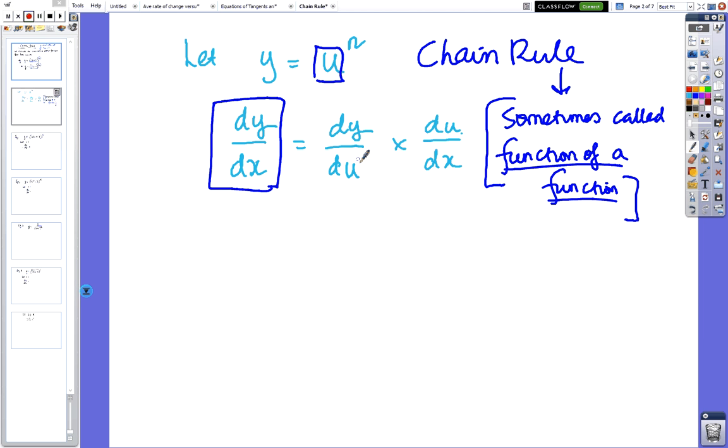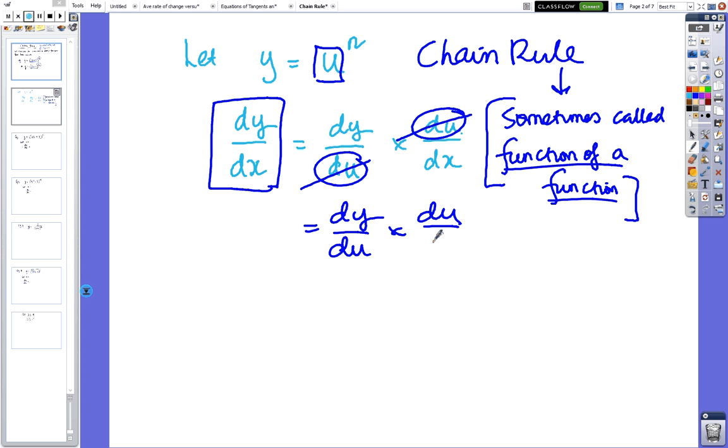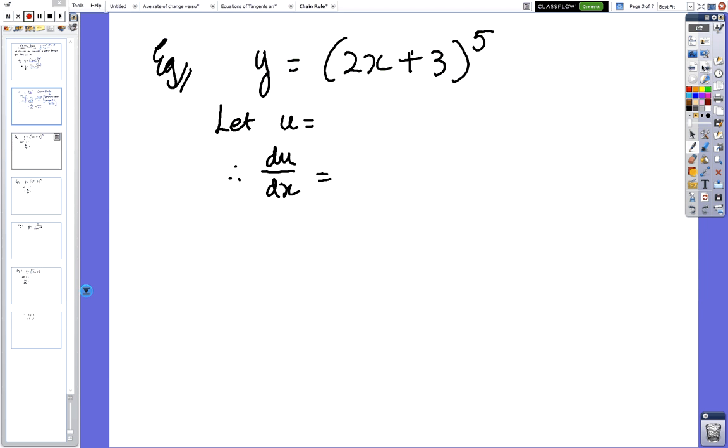I've got these du's on two fractions, and theoretically I could just cross them out and I've got dy dx. But I'm going to show you the proper way, and then I'll show you a shortcut way as well. So dy dx is dy du times du dx. We'll see what that means on the next example. So come across when you're ready.